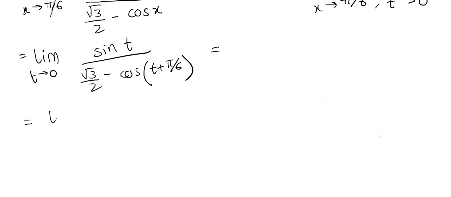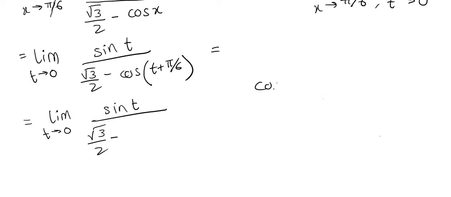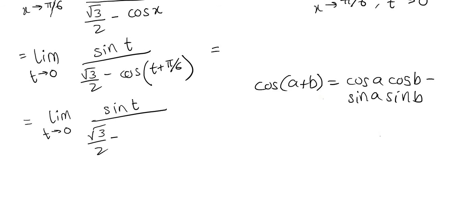So I just want to quickly expand the cosine in the denominator. Sine of t over root 3 by 2 minus, so I'll write the formula, cos of a plus b is equal to cos a cos b minus sin a sin b.